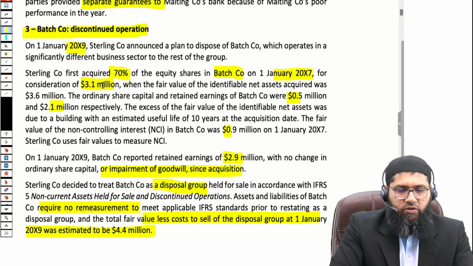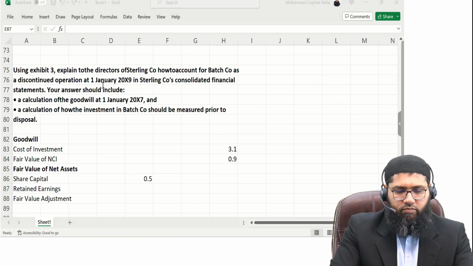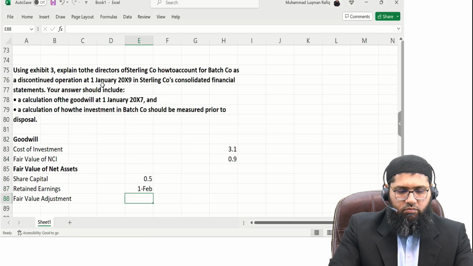Share capital was 0.5 million. The retained earning was 2.1 million.